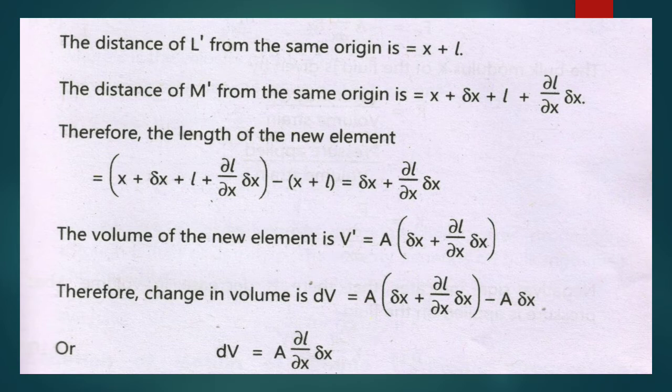Therefore, the change in volume dV is equal to new volume minus original volume. Now, new volume A into (delta x plus ∂l/∂x into delta x) minus original volume A into delta x, or dV is equal to A ∂l/∂x into delta x.